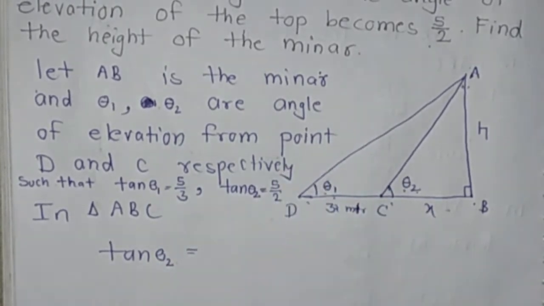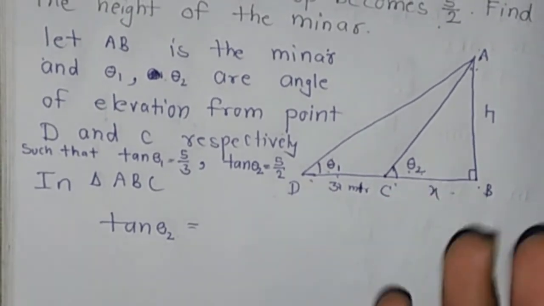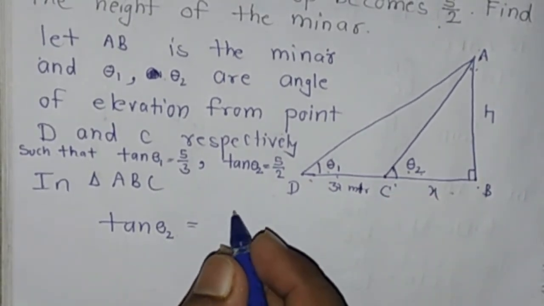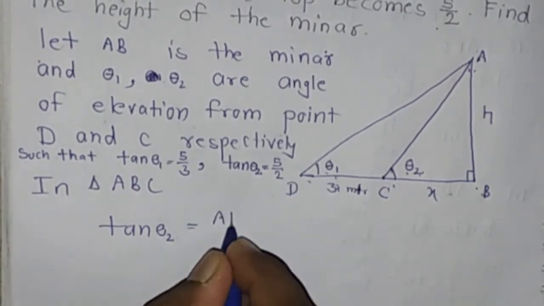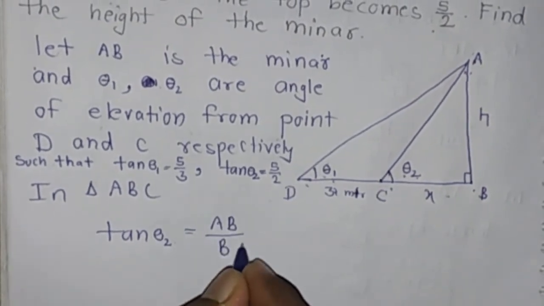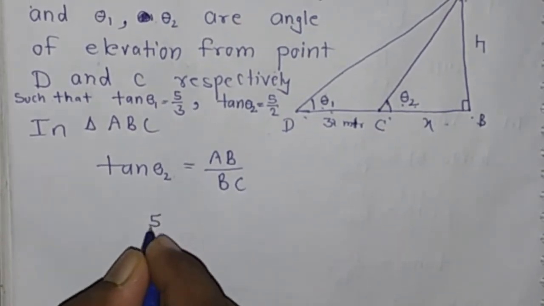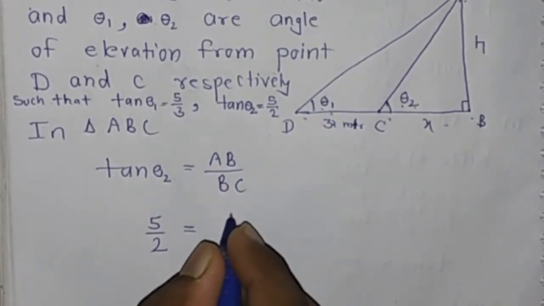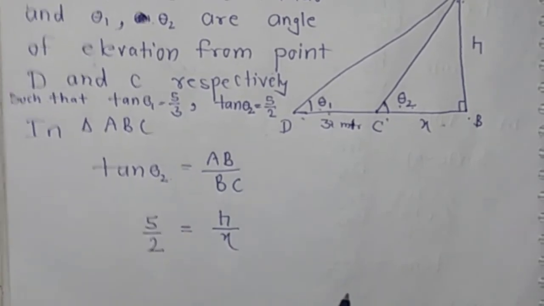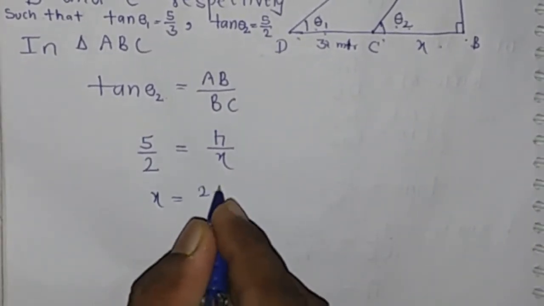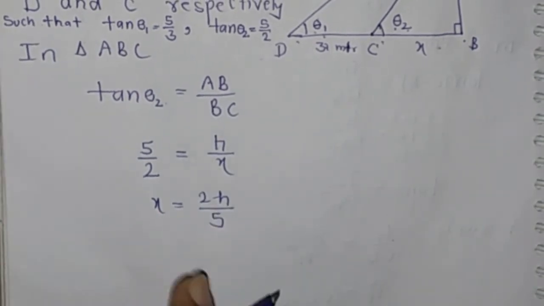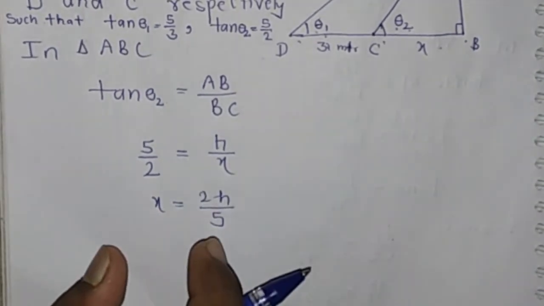It is given. Now from the first triangle ABC, tan theta 2 is AB by BC. We know tan theta 2 is 5/2. Then 5/2 equals h by x, and we have x in terms of h, which means x equals 2h by 5. It is our first equation.